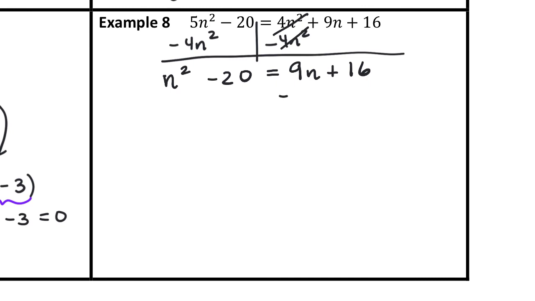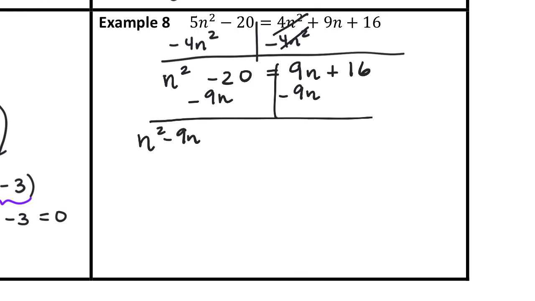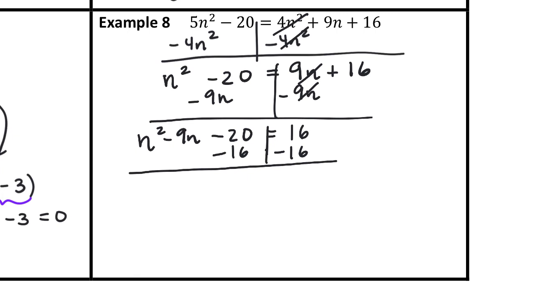Then I can subtract 9n, and that gives me n squared minus 9n minus 20 equals, these will cancel, equals 16, and then subtract 16, that gives me n squared minus 9n minus 36 equals 0.